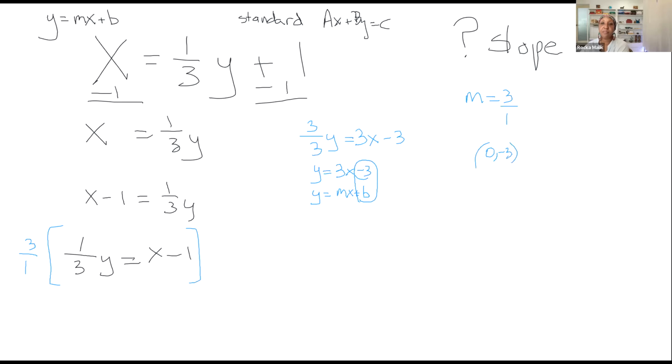So I know from this, from doing not much work, that my graph is gonna be sloping up, right? Because my slope is positive. And my y-intercept, the place where the line meets the y-axis, is gonna happen at 0, -3.